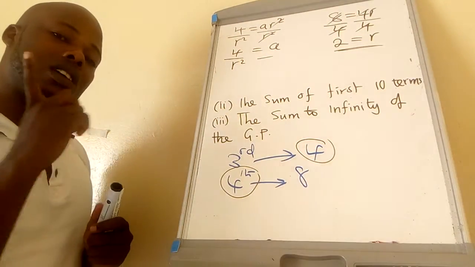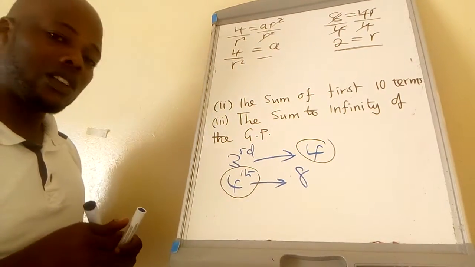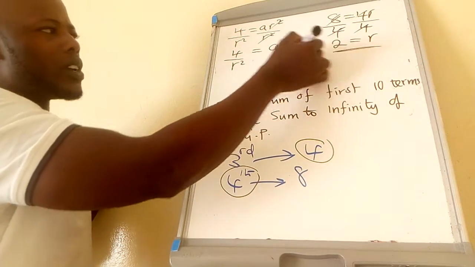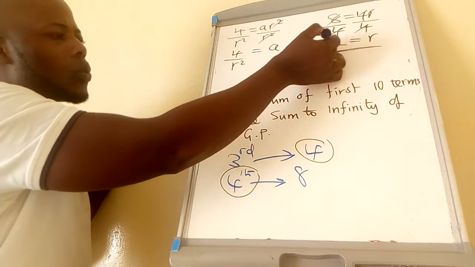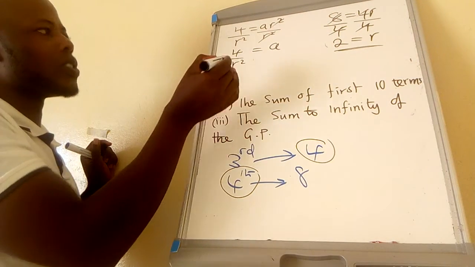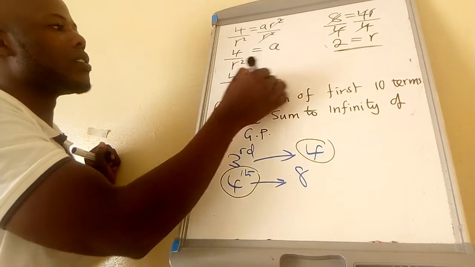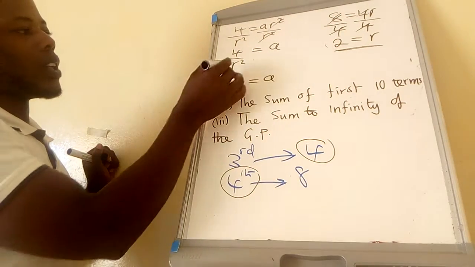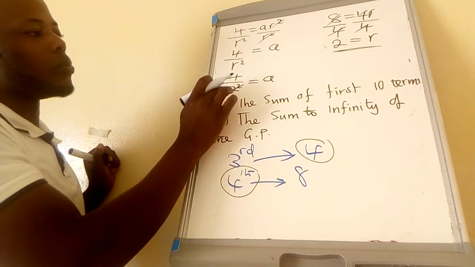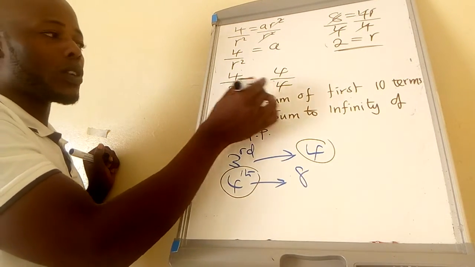We have found one thing from the question, which is R. Now to find the first term, A, we just need to take this value and plug it where I was able to see R in the other equation and solve for A. I've put a 2 here because R is 2, so it will be 4 over 4, because 2 to the power 2 is 4.